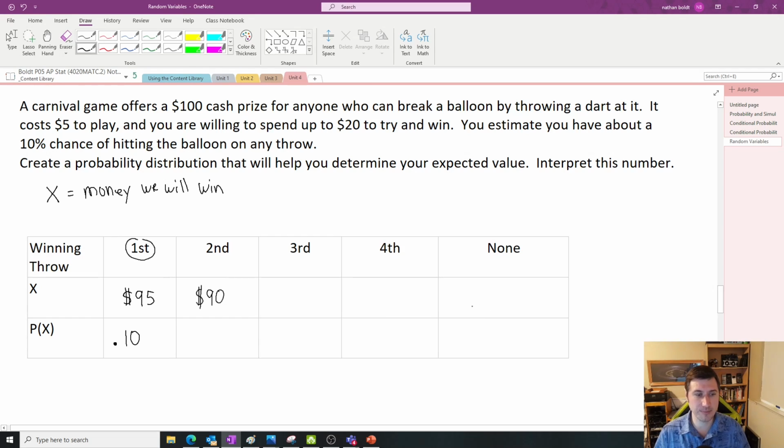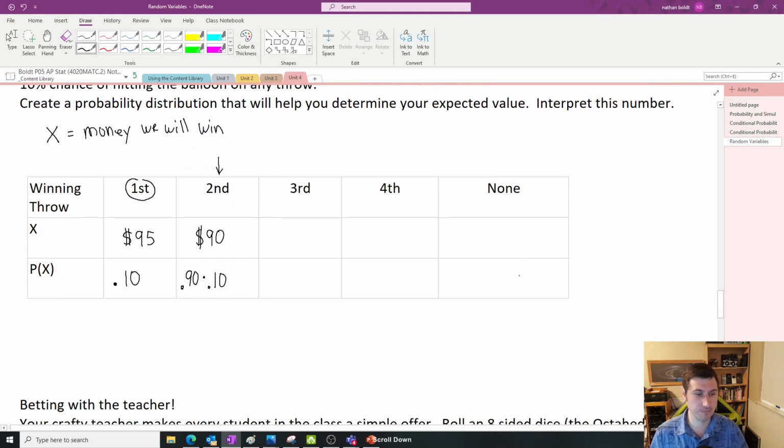All right, now what is the probability of that happening? This is where it gets a little weird. Okay, we have to use our probability rules. So the probability of winning on the second throw means you missed the first throw. There was a 90% chance of missing on the first throw. But then you hit the second throw, and there was a 10% chance that you hit the second throw.